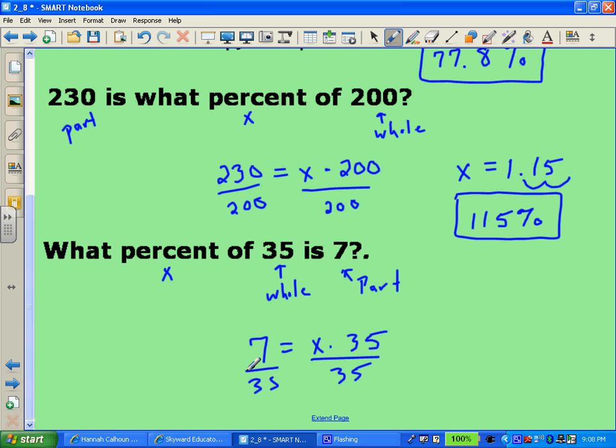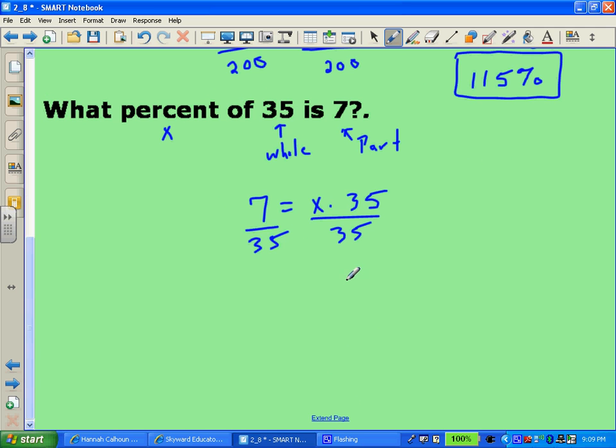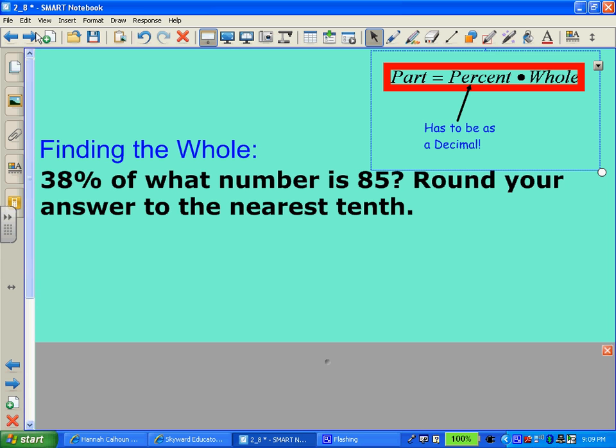So then once again I'm going to divide by 35. Now 7 divided by 35 is 1/5, which comes out to be 0.2. Once again I have to change it into a percent. So my answer is 20%. 7 is 20% of 35.